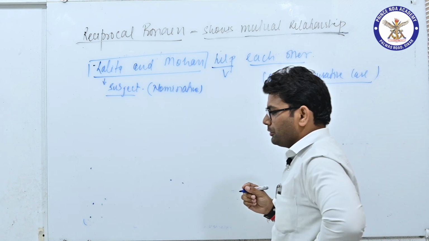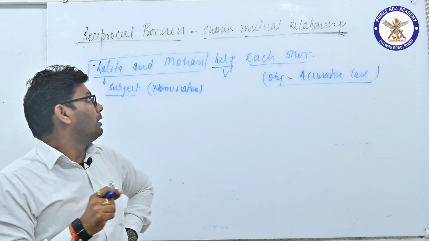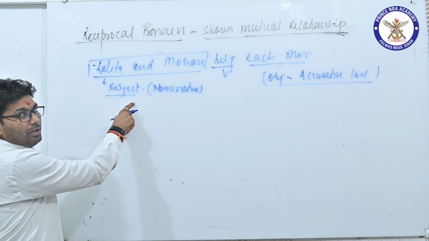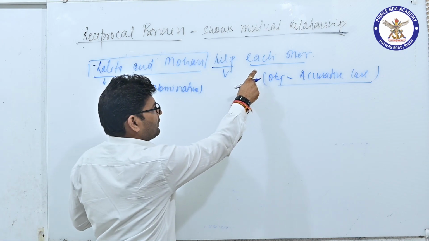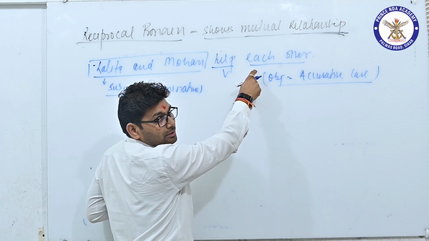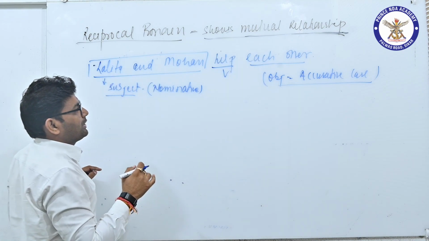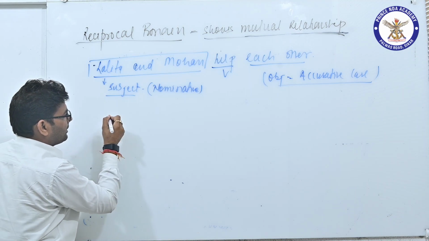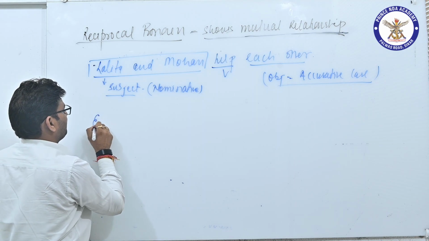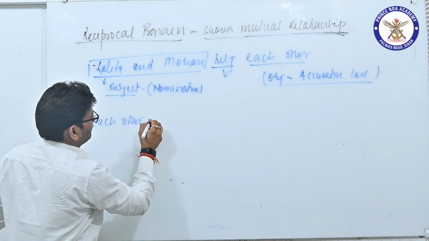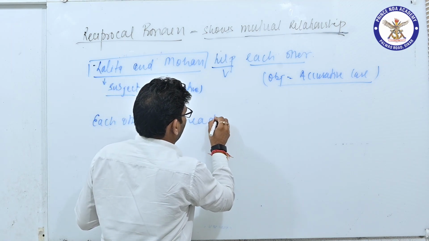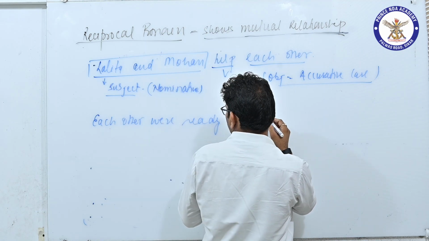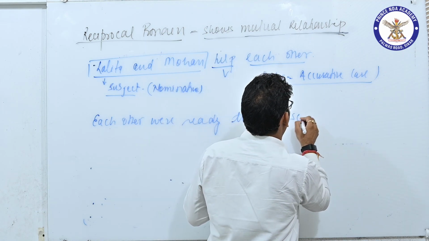Just recently I have told you reciprocal pronoun cannot be used as nominative case. We have to use it always as objective case, meaning accusative case. We cannot write a sentence like this: each other were ready to go to school.